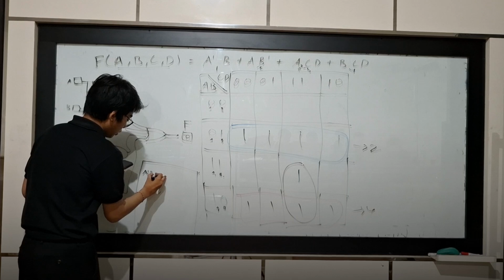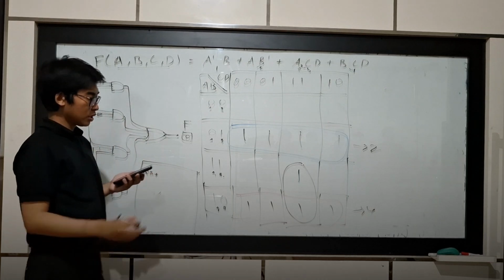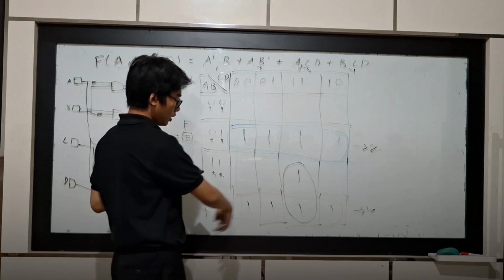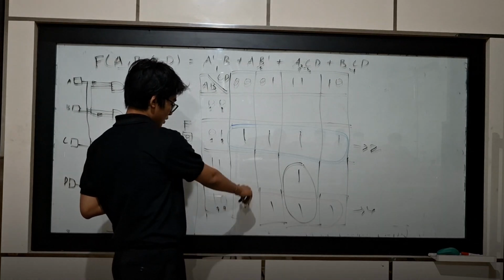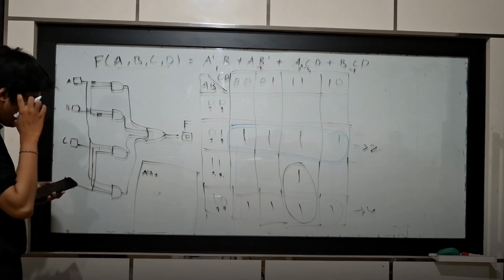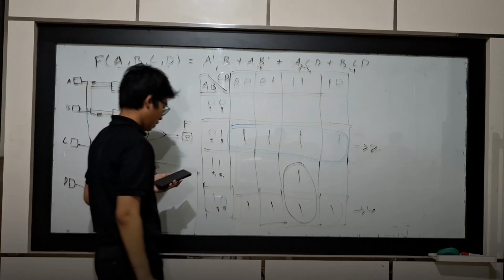We're going to go to the second expression. For the second expression, we're going to take block number 2. Block number 2 is from the bottom, from line 4.